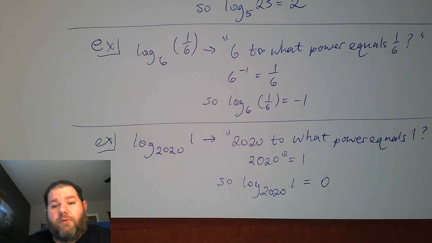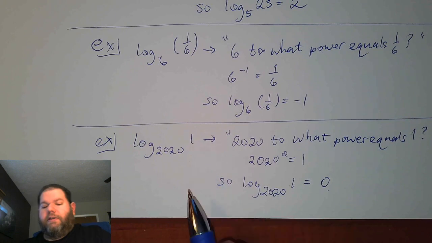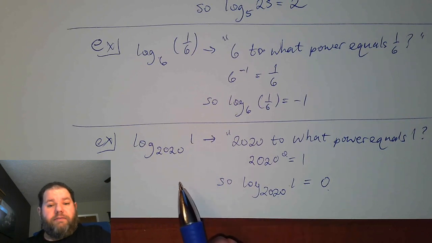So that's what we're looking at with just our basic logarithms. Now this last one is interesting because it tells us something that's true for a lot of different logarithms.